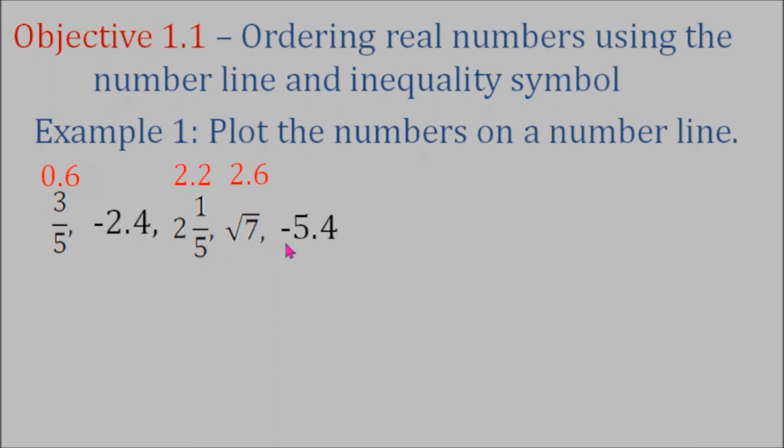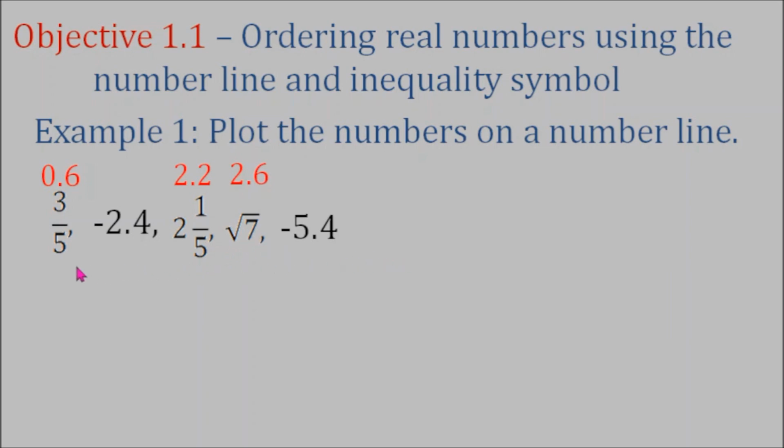So the smallest here is -5.4, then -2.4, then 3/5, then 2 1/5, and square root of 7.